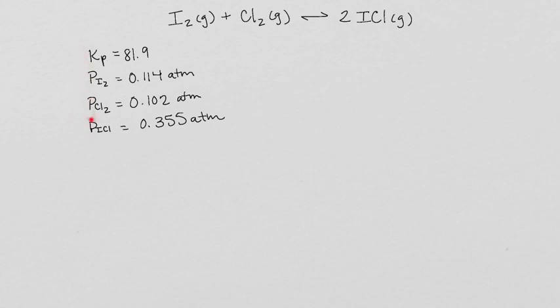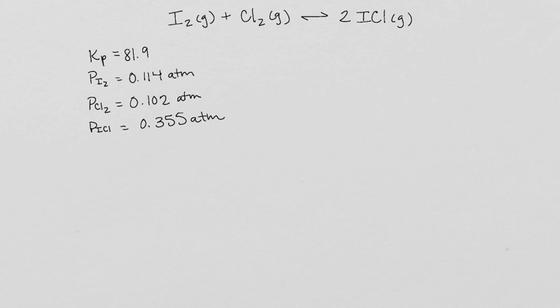Remember, Kp just means pressures for gases. Kp is related to the concentration by the ideal gas constant, so just pay attention to what units we're using. Our K value for this reaction is 81.9, and these are our pressures.